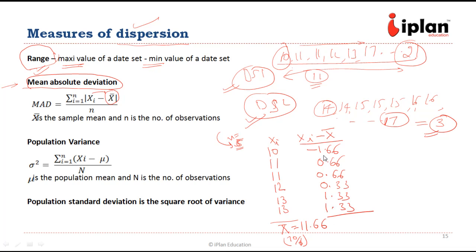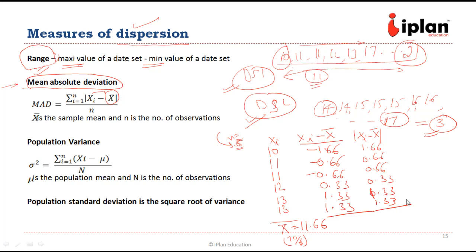This is the deviation. Now we need to know the absolute deviation. Since we want to make sure that these positive values are not neutralized by negative values, we take the absolute value, mod of xi minus x bar. So the mod of this value is 1.66, 0.66. We can see that these two values were negative, but here they will be only positive, 1.33, 1.33.